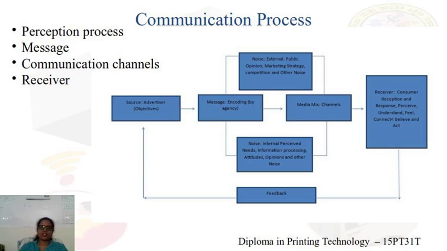The channel between the source and the receiver is a very important channel to convey the information very precisely. The message should be in such a way that the source has to encode the requirements of the receiver.